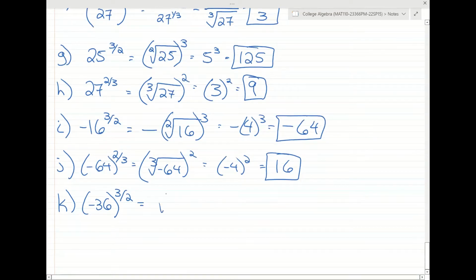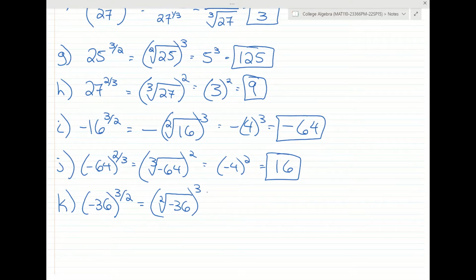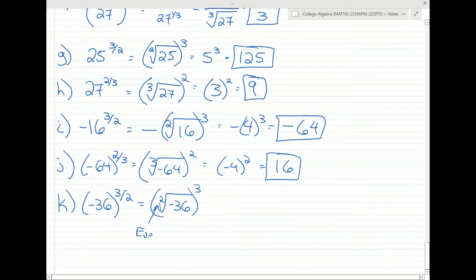Means the square root of negative 36 to the 3rd. Can't do this. This is even, and this is negative. We talked about the answer being no real solution.